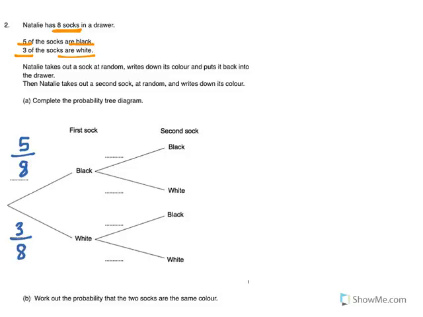Now remember, in the question it says she puts it back into the drawer. So once we've taken the sock out and recorded the colour, it goes back in. So that means there are the same chances with the second sock. So it's 5 out of 8 for black and 3 out of 8 for white again.